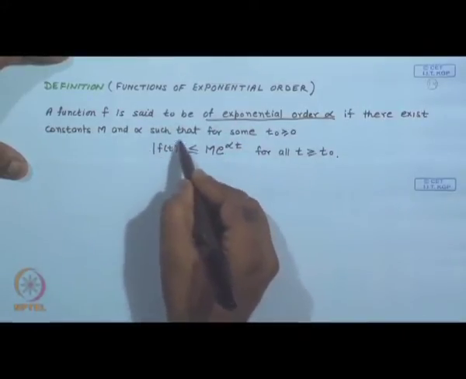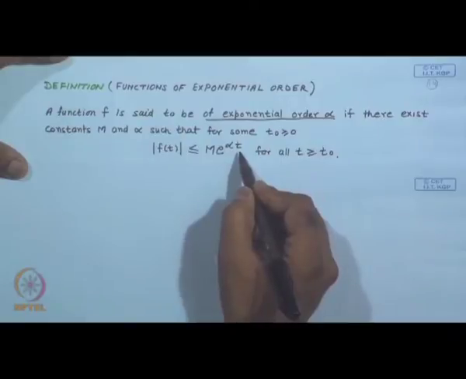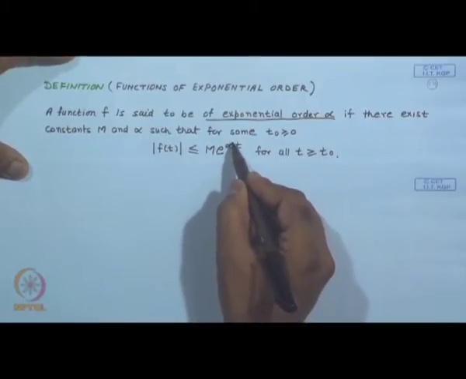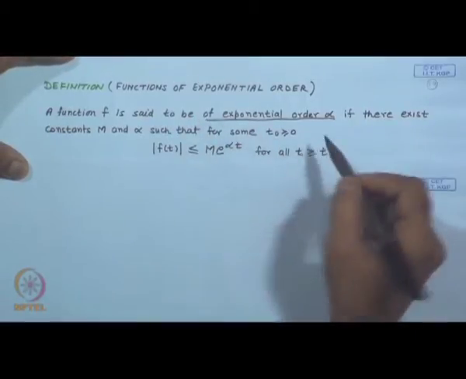Basically, the growth of the function is bounded by the exponential function with this exponent alpha, and then we call the function of exponential order.